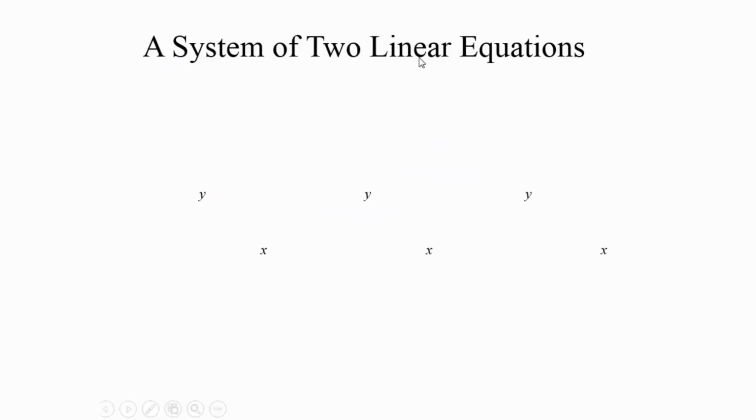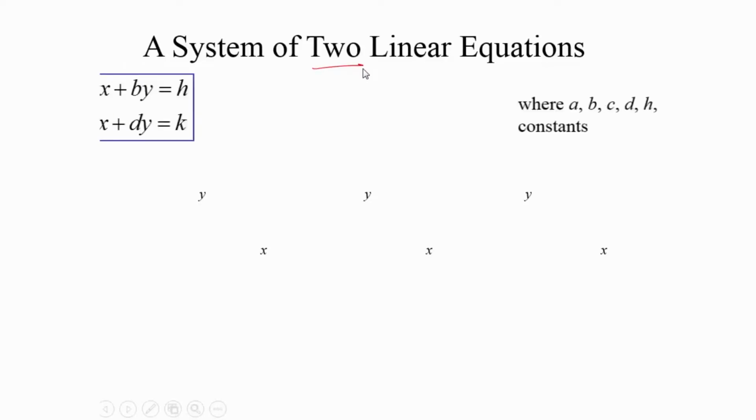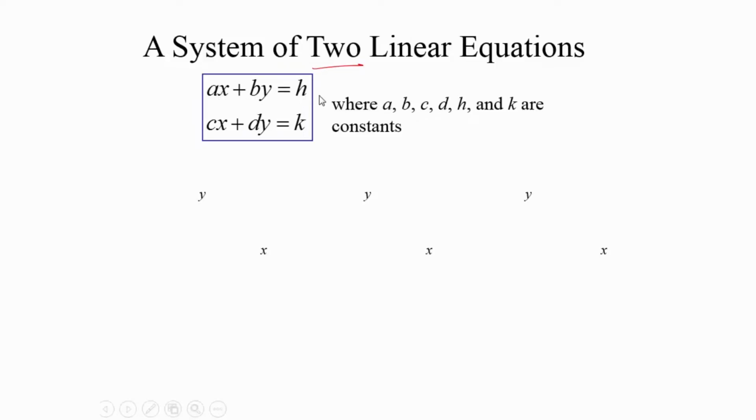System of two linear equations. So here's two linear equations. ax plus by equals h, cx plus dy equals k, where a, b, c, d, h, and k are constants. As you can see, the only two variables you have are x and y, right?